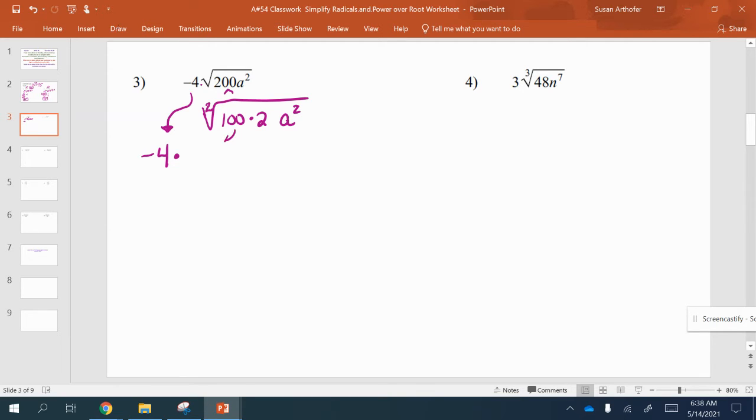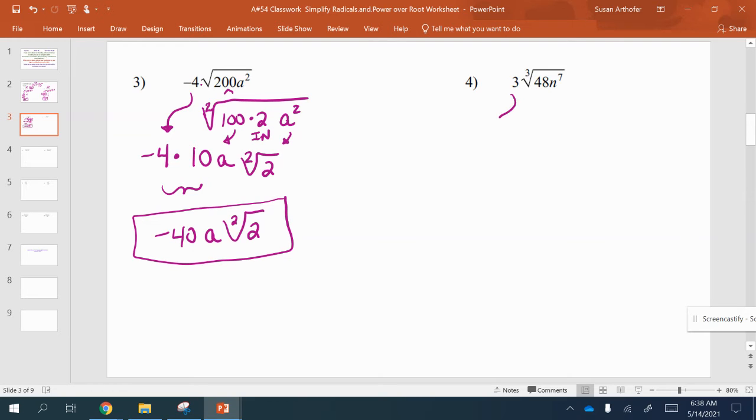Now I have to decide who's in, who's out. So square root of 100, 10 is out, 2 is in. For the square root of a squared, a is out. So now I just need to multiply this for -40, keep the a, and keep in the square root of 2.